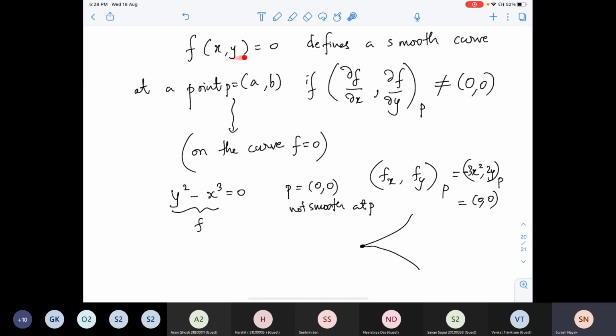So that is your definition of a smooth curve at a point. And you say the curve is smooth if it is smooth at every point. So for a plane curve, that's an easy definition. The problem with non-planar curves is that even the definition of curve is more complicated, so defining smoothness also becomes correspondingly quite complicated.